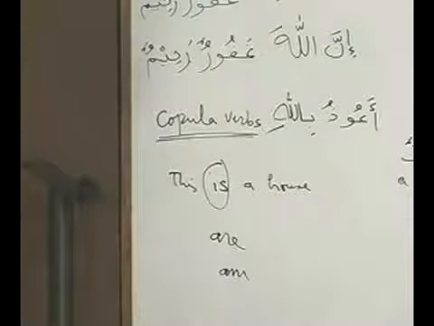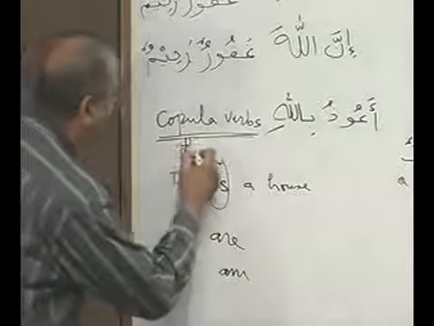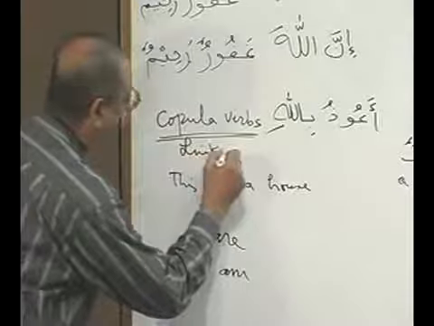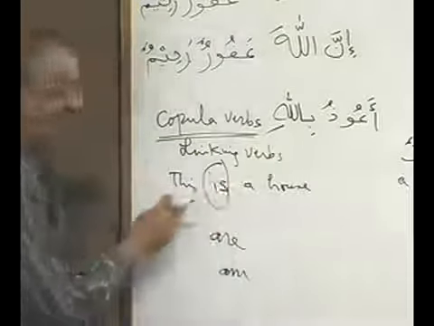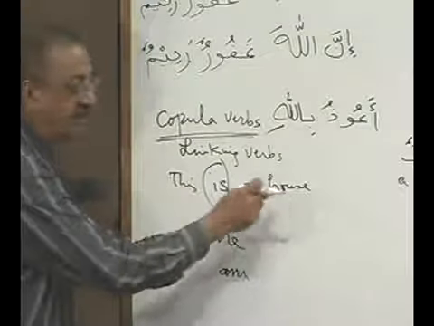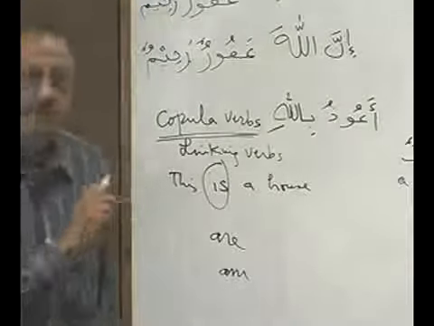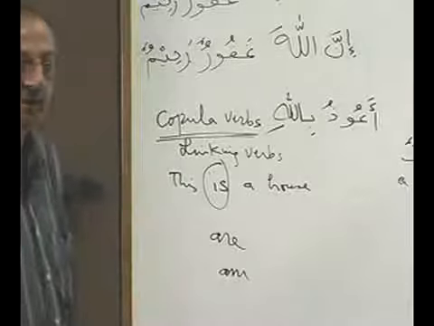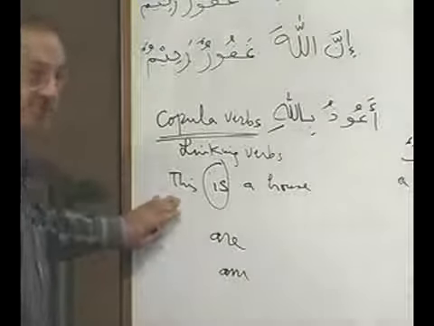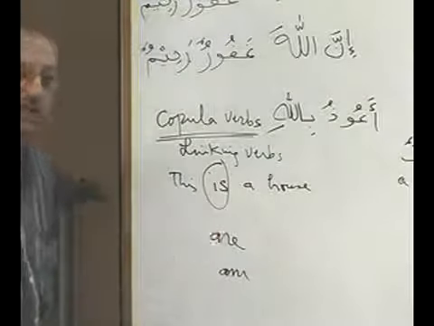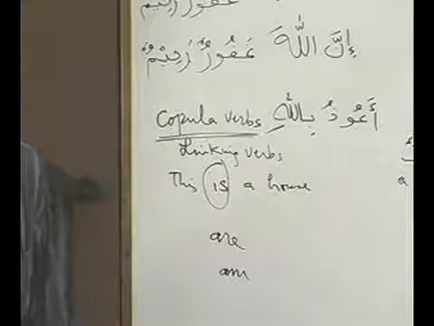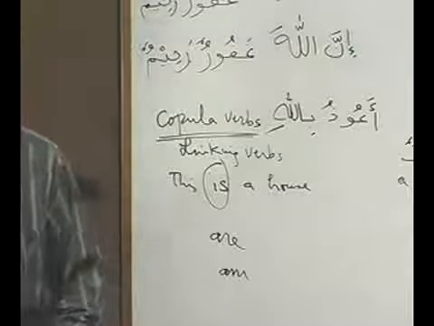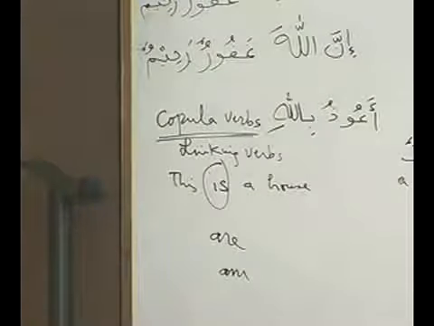They are called copula verbs, which means linking verbs. They link one noun with another noun, or link the subject with the other noun. They do not exist in the Arabic language. There is no need.